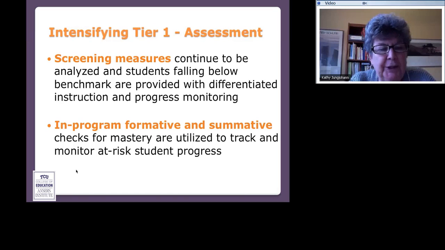Yeah, that's actually a really good question because, again, I think that sometimes we forget to look at Tier 1 and strengthening Tier 1 for the purposes of making the model more effective. And I think that this is where administrative leadership is an important component to an RTI model.